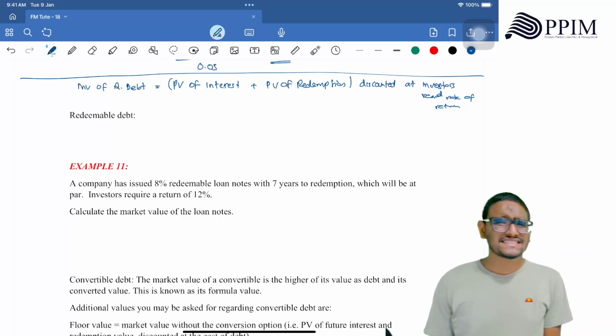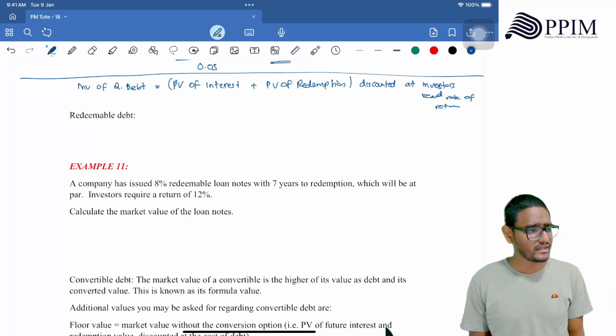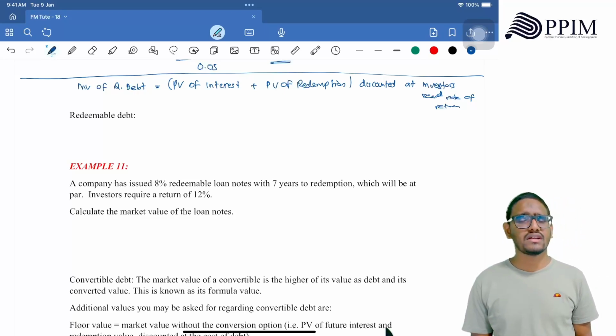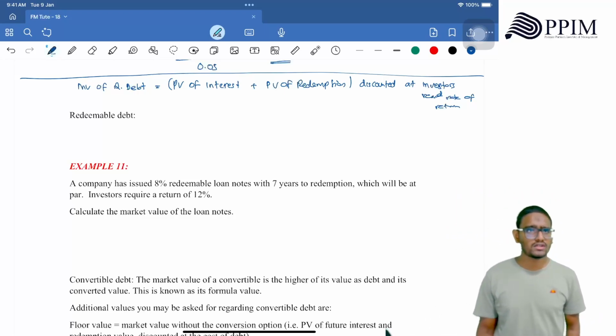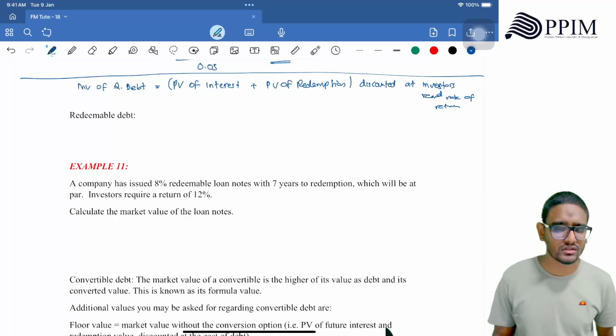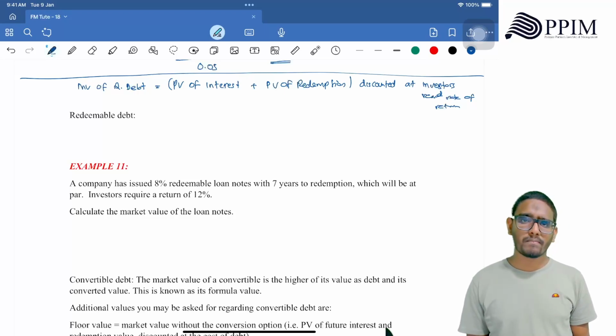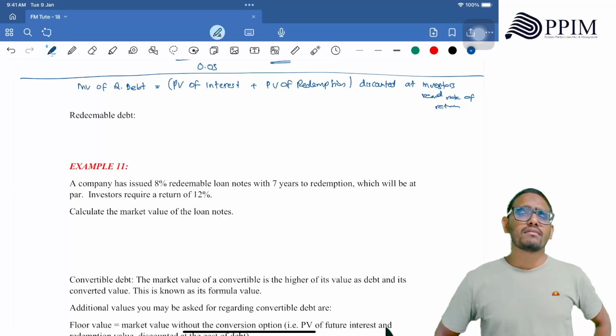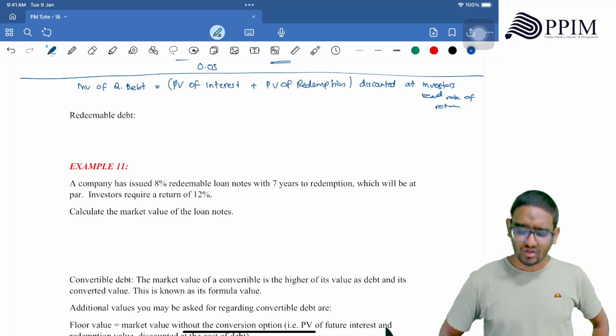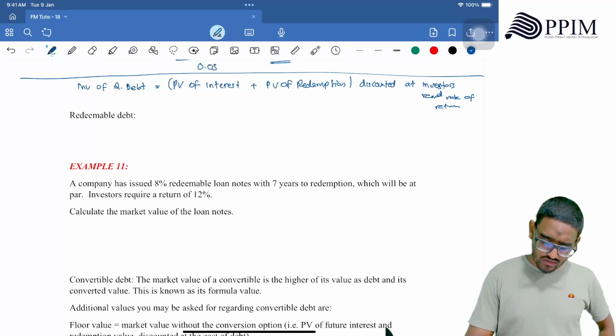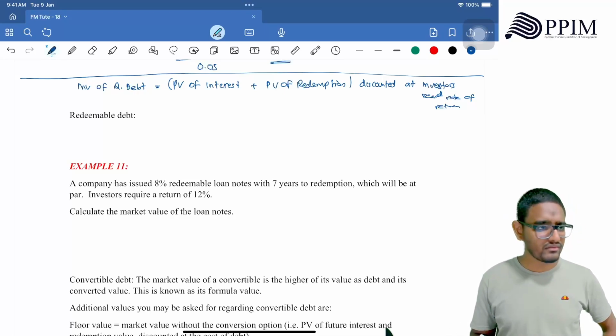So looking at this, how do you work this out then? I assume you can recall. If you can't, you will have to go back to the recordings and look at it. When we did redeemable debt in the chapter on cost of capital, what we were really looking at was how do you calculate the cost of debt, or how do you calculate this investor's required rate of return.